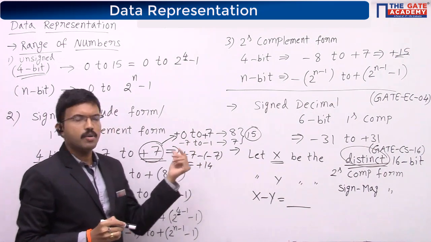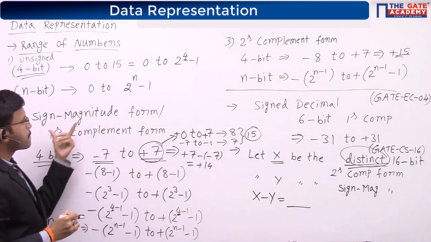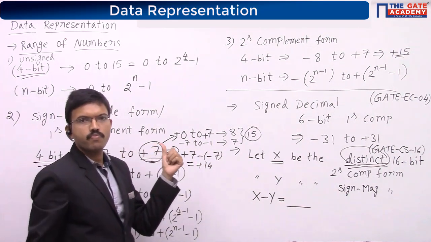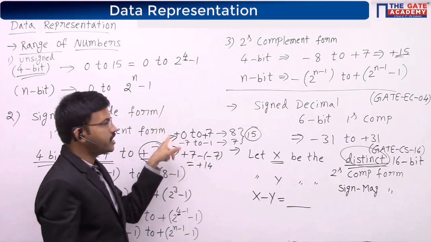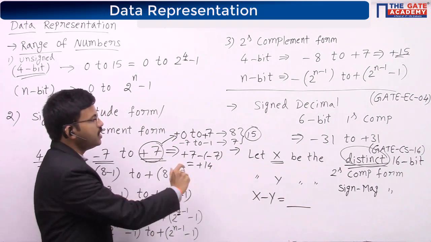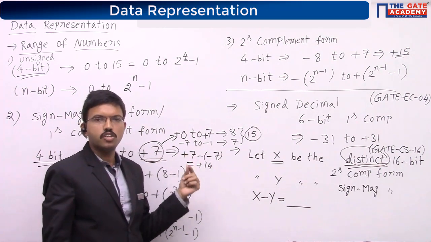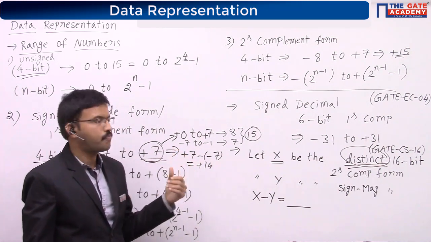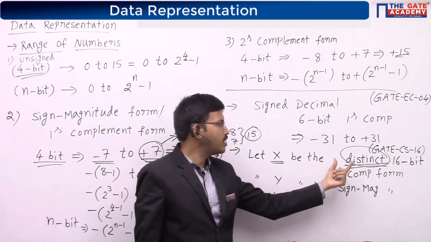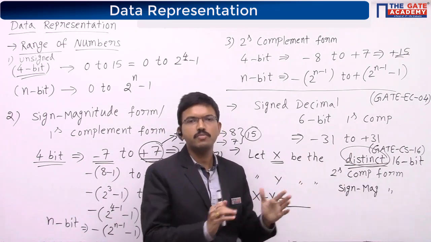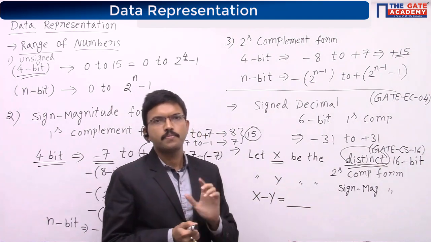Just go through the tabular form for the 4-bit case, sign magnitude form. There you are having plus 0 to plus 7, a total of 8 numbers. Similarly, for negative numbers you are having minus 0 to minus 7, but in this question he has mentioned distinct. The very important word is distinct. Distinct means different.